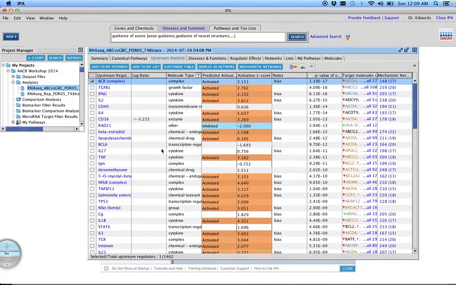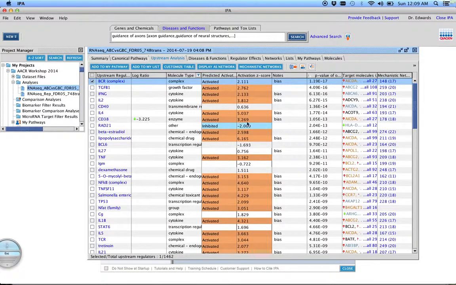Again, I think this is an incredibly useful page. A lot of times, especially with cancer genomes, what you're looking for are things that don't make sense. And if we go down here, you'll see CD38, this molecule here. In our gene list, the transcript levels actually go down.